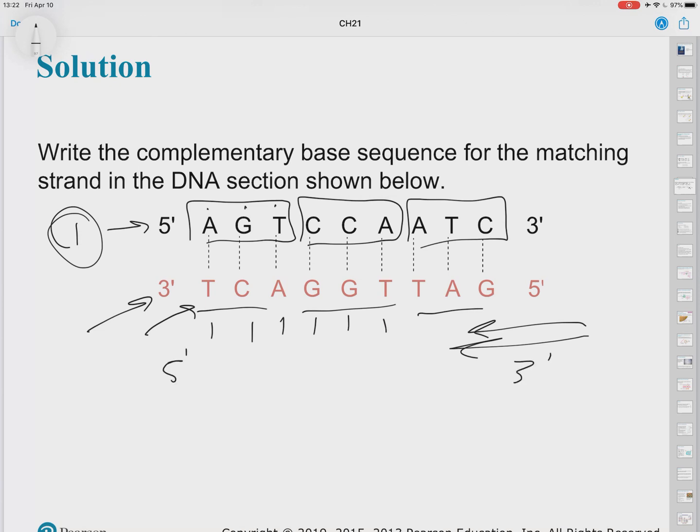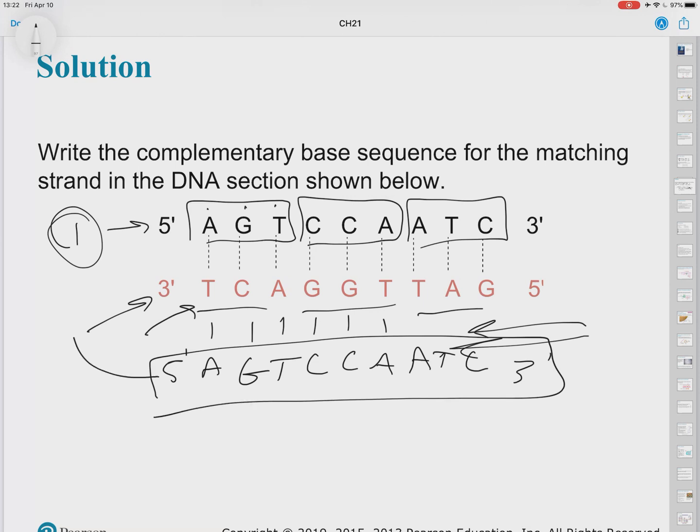If it comes in here and pairs up in the 5' to 3' direction, an A, a G, a T, a C, an A, an A, a T, a C, and copies the template strand, we get our coding strand again. We get that information transferred to a new molecule.